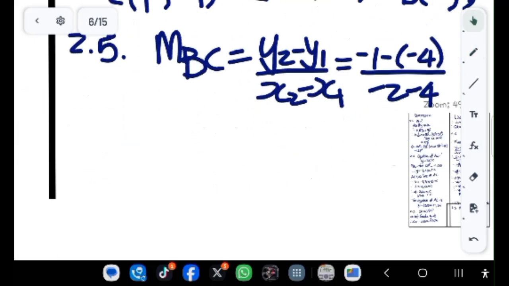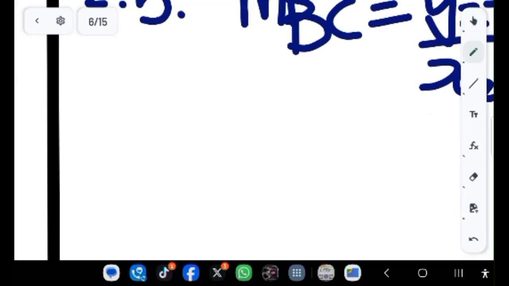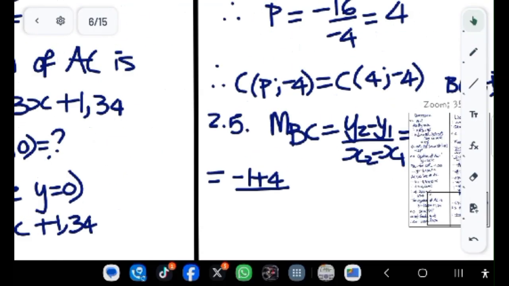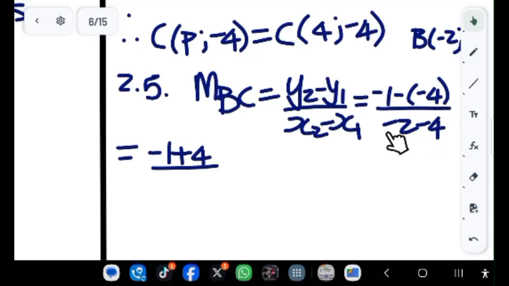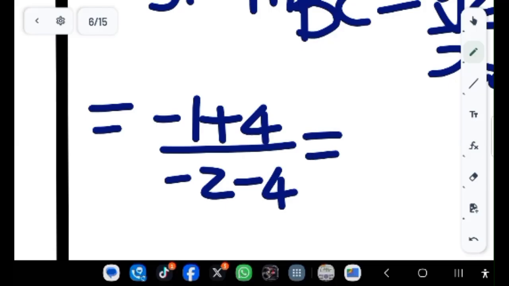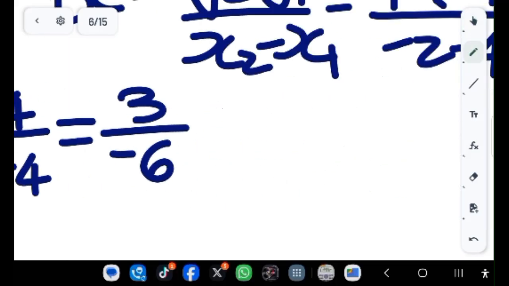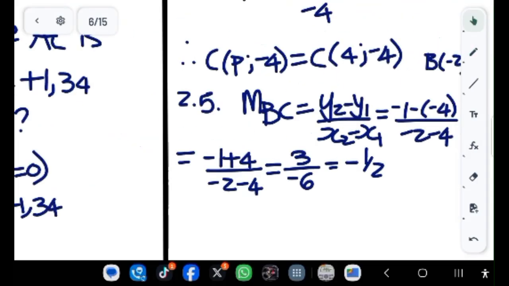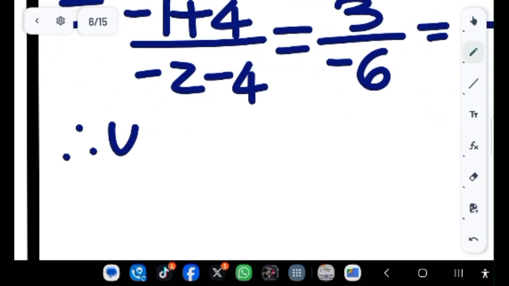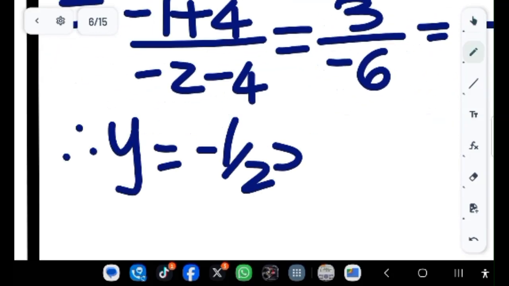That is -1 plus 4, over -2 minus 4. That is 3 over -6, and that gives us -1/2. That's the gradient. Therefore, the line so far will be y equals -1/2 x plus c.